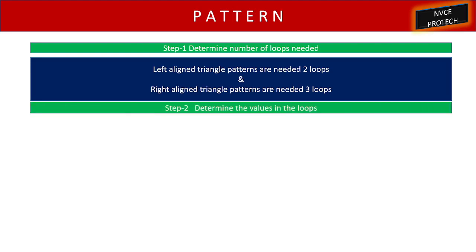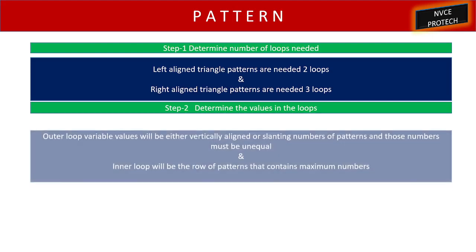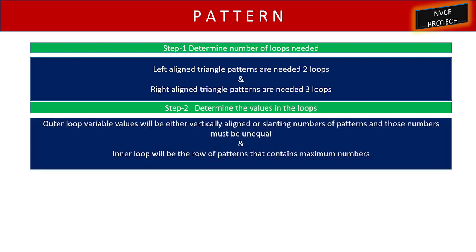Step 2, determine the values in the loops. Outer loop variable values will be either vertically aligned or slanting numbers of patterns, and those numbers must be unequal. And the inner loop will be the row of the pattern that contains the maximum numbers.